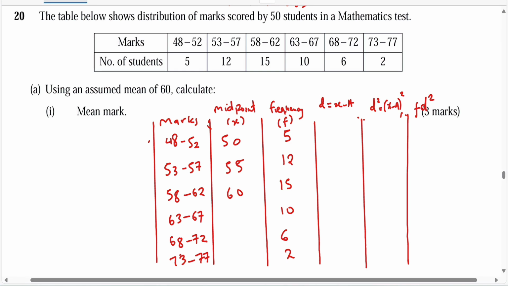63 plus 67, then divided by 2 gives us 65. Okay, 68 to 72, then divided by 2 gives us 70. 73 plus 77, and divide by 2 gives us 75. Or you can just look at the sequence of the midpoints: 50, 55, 60.